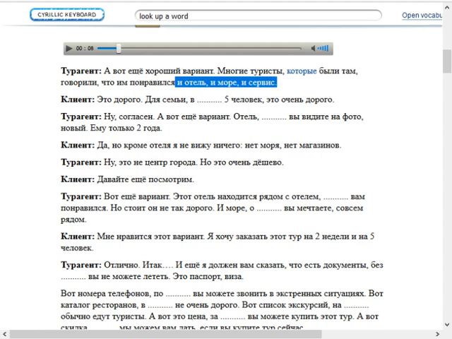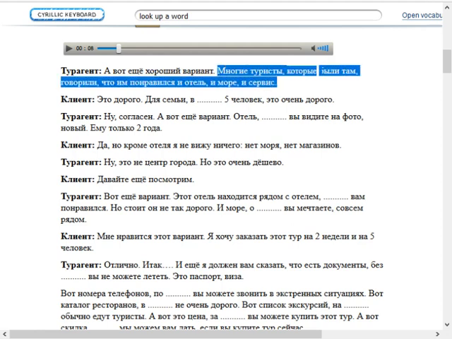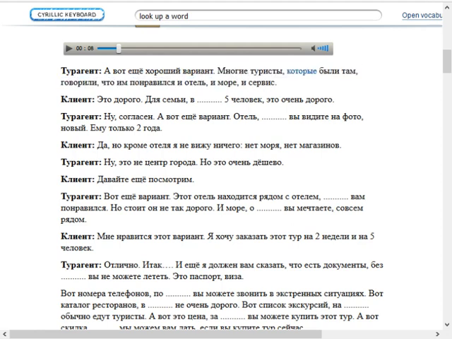I don't know if I've mentioned this before, but this is a common way of listing things in Russian. When you list several things that are all equally applicable to what you're saying, you usually start each one with an и, an and, even the first one. So if I were to translate the sentence literally word for word, it sounds maybe a little bit strange. I'll go ahead and try it. Many tourists which were there said that them pleasant and hotel and sea and service.